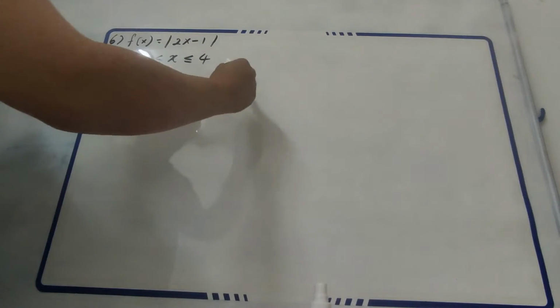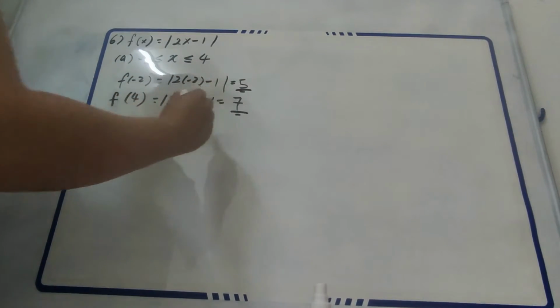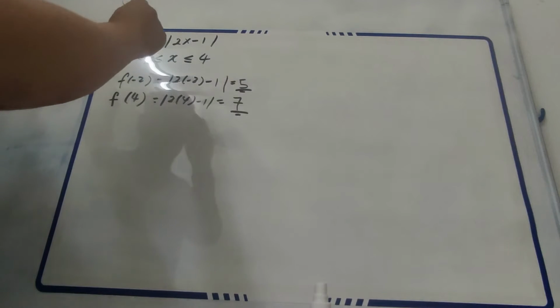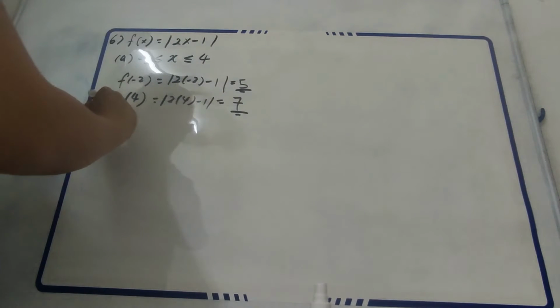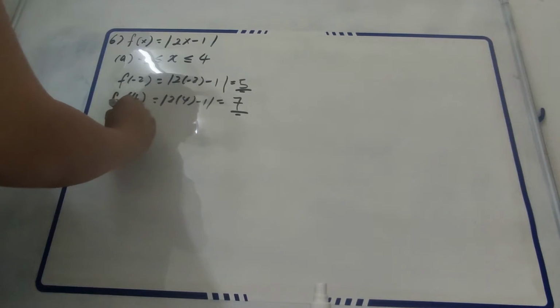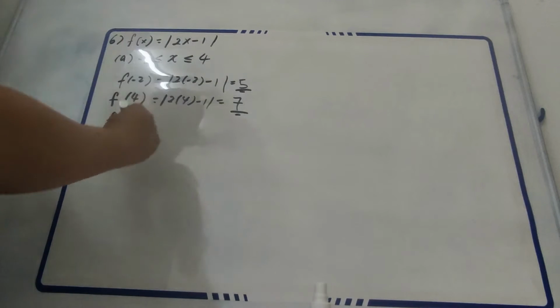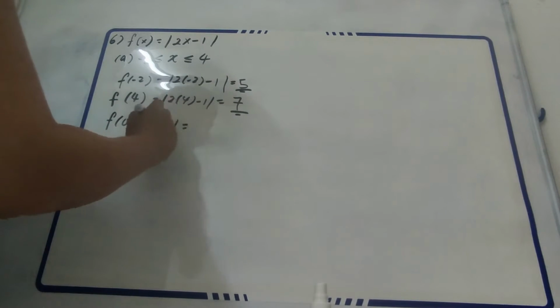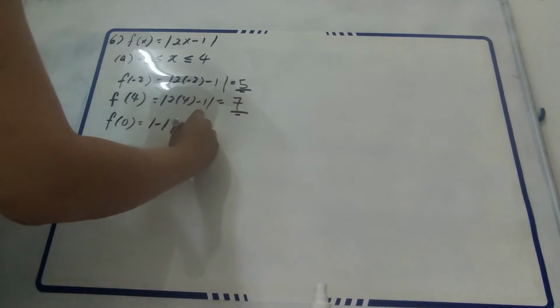This is not enough if you just have two pieces of information. So you need to find out what if x equals to 0. f(0) equals to modulus 1 minus 1, and you have 1 here.